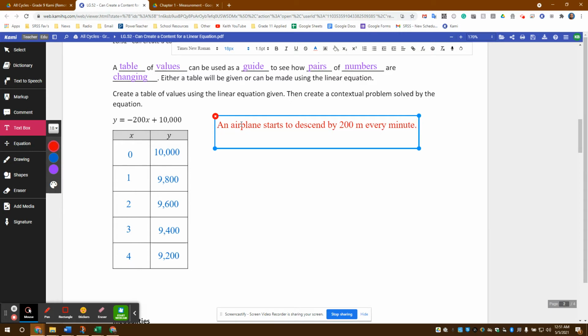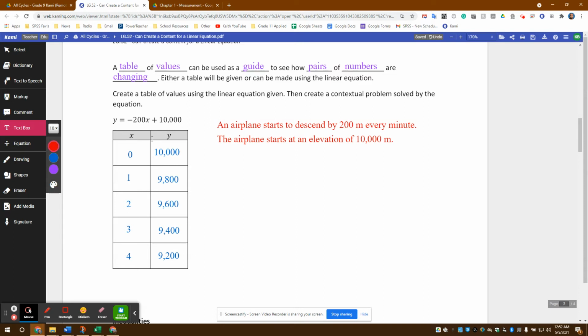The airplane starts at an elevation of 10,000 meters. So it starts at 10,000 meters, that's our starting point, and it descends by 200 meters every single minute.